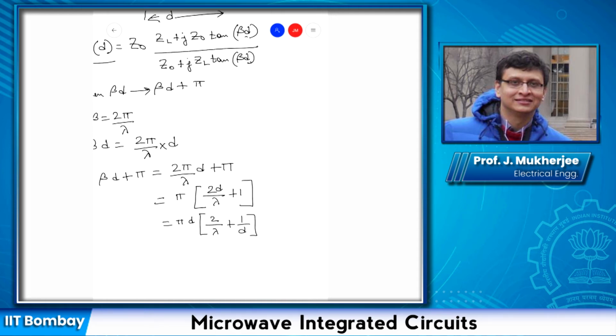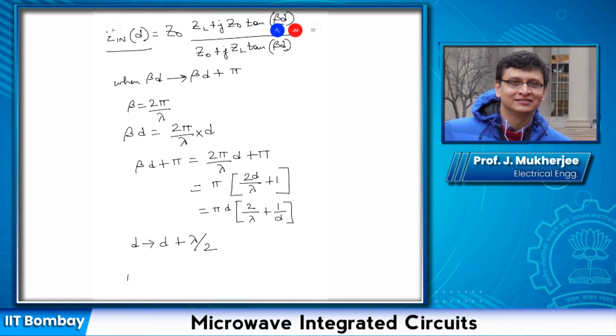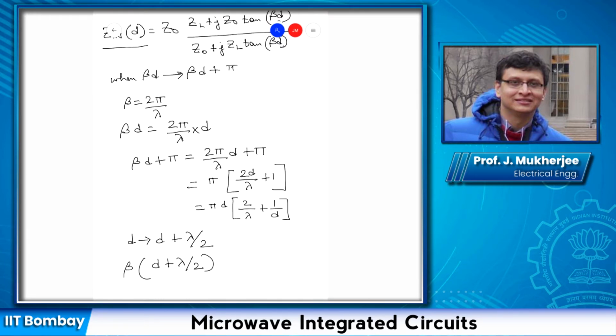Suppose the distance d changes to d plus lambda by 2, then what is beta times (d plus lambda by 2)?